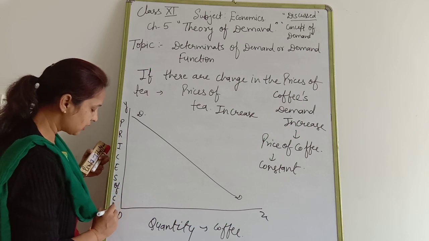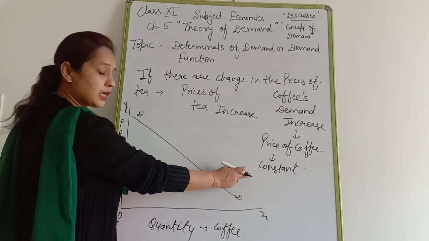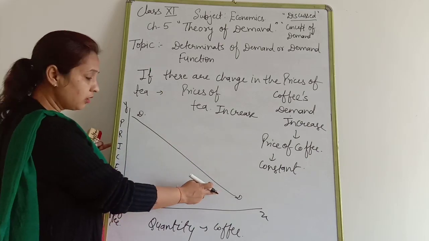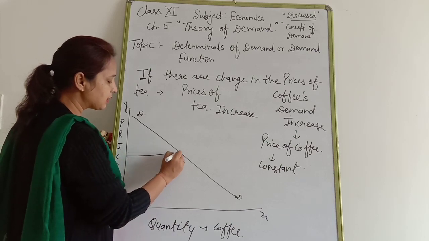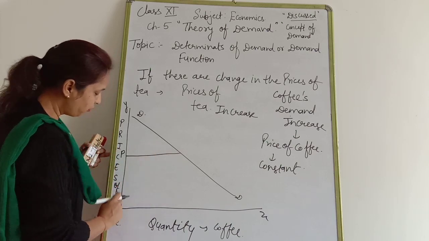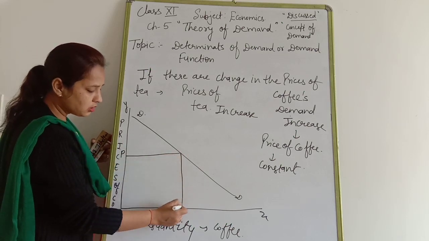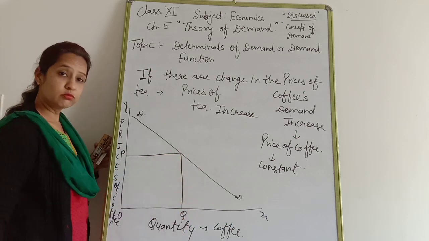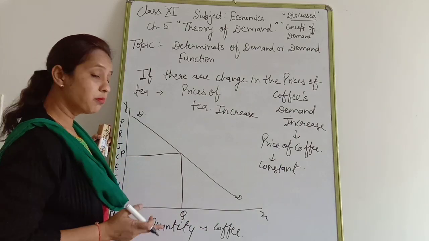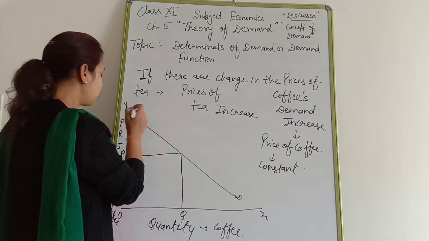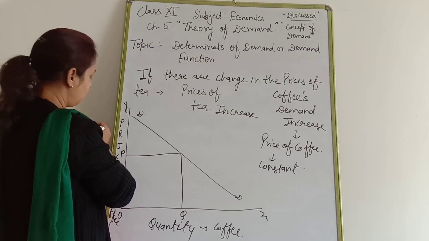That is what I was asking. We are going to show that diagram whose prices are constant. DD demand curve, leftward to rightward. Suppose there are prices, OP prices are there. Then the demand of coffee was OQ. Clear? Due to other factors, if demand increases, then the demand curve shifts into the rightward direction.